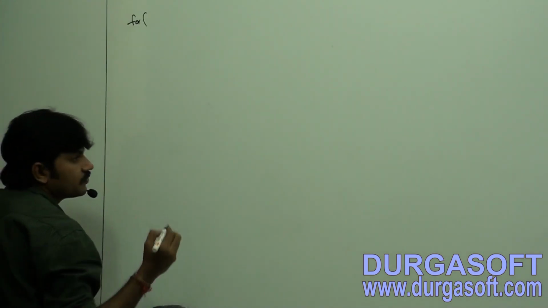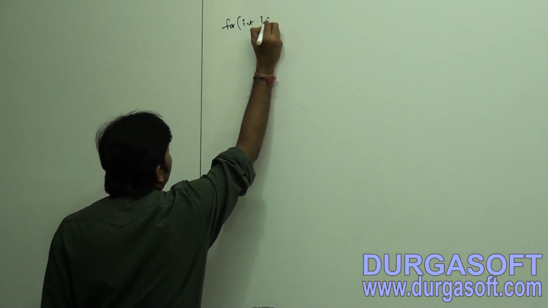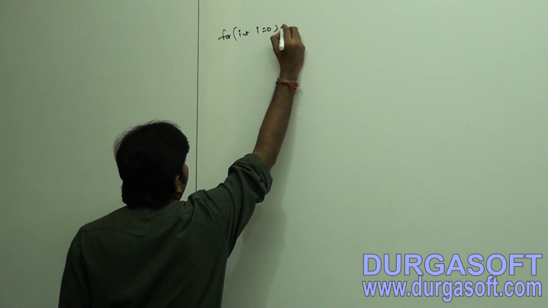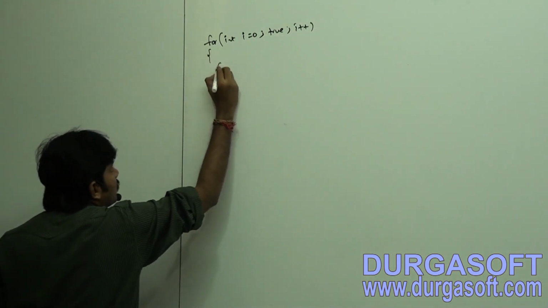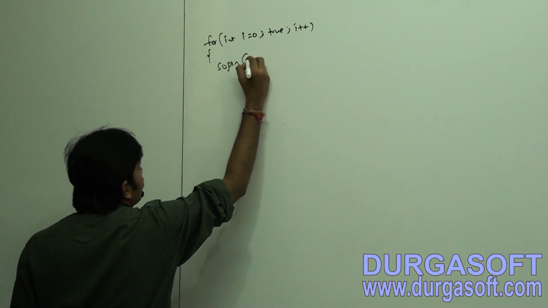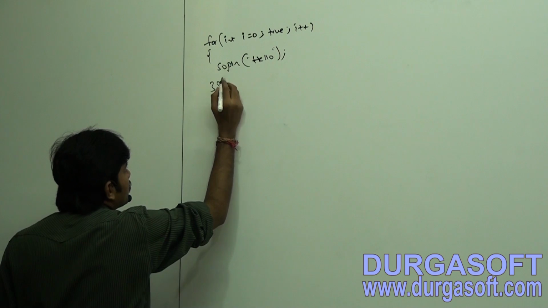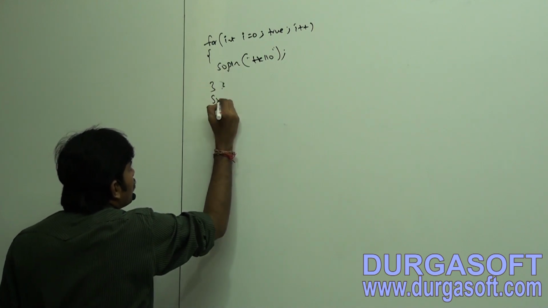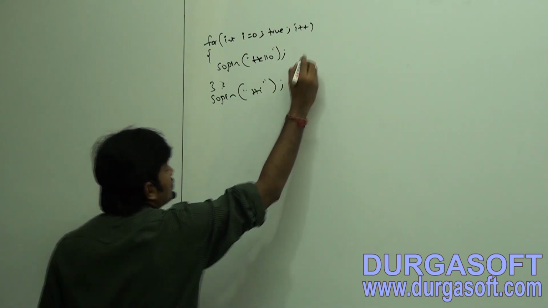Sir, I am taking it for analogy. For int i = 0; true; i++, System.out.println("hello"). Next, System.out.println("hi").